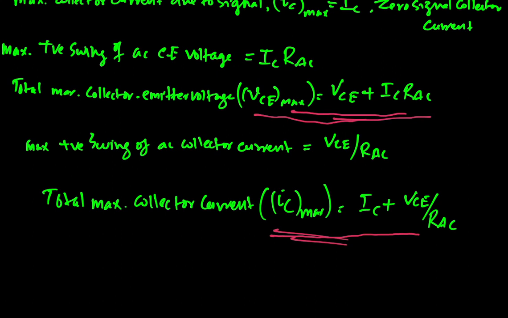Now let's discuss the AC load line, because we have discussed that output voltage and current are the sum of the AC quantities and DC quantities. We have discussed the DC quantities, that is DC collector current and DC collector emitter voltage. Now let's see the relation between the collector current and collector emitter voltage when signal is applied, which is called the AC load line.